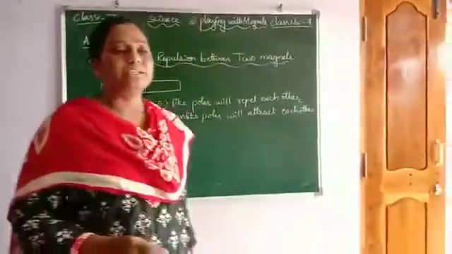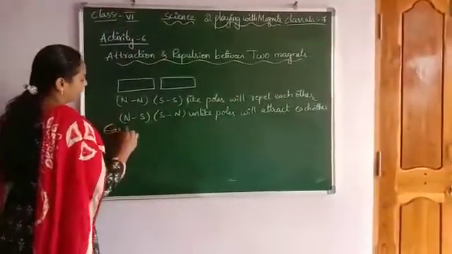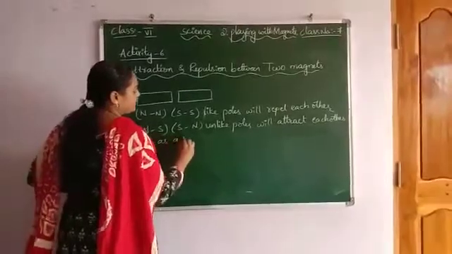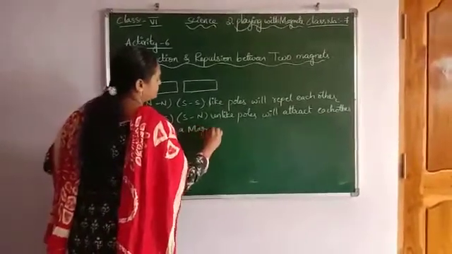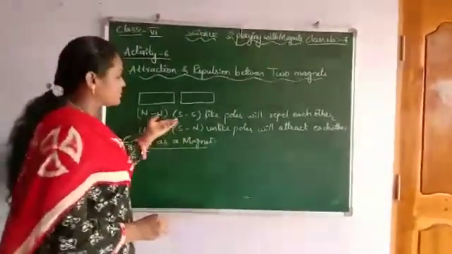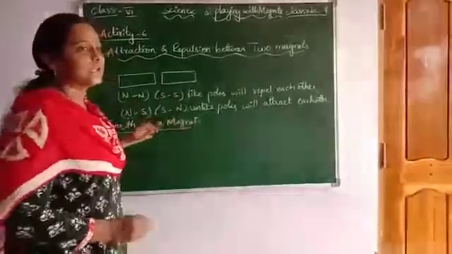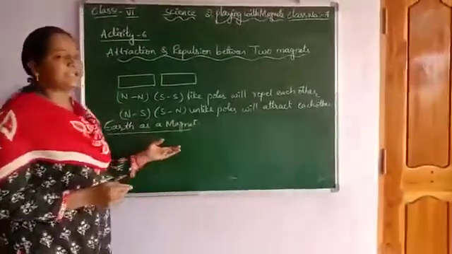Now next, Earth as a magnet. If you have magnets at home, you can also try like poles and unlike poles with your own hands. Now how is Earth acting as a magnet?